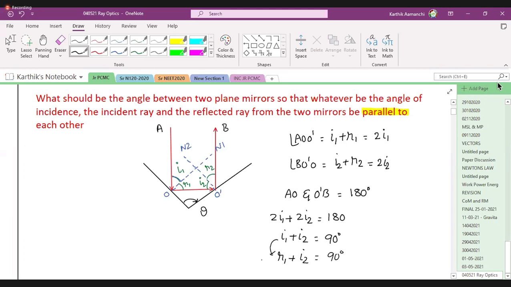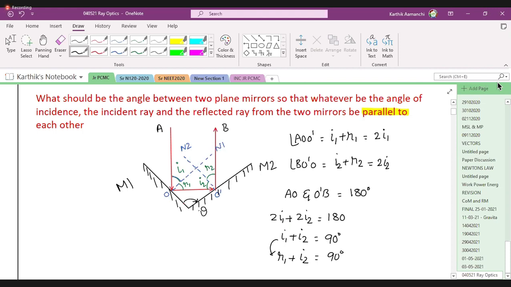Now see this theta, look carefully. This is mirror 1 and this is mirror 2.